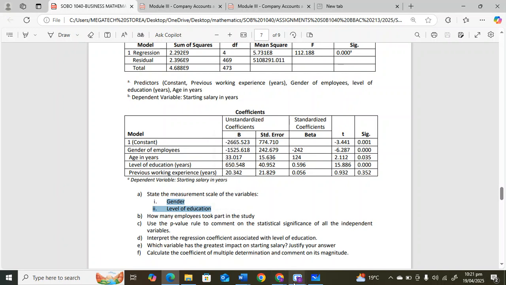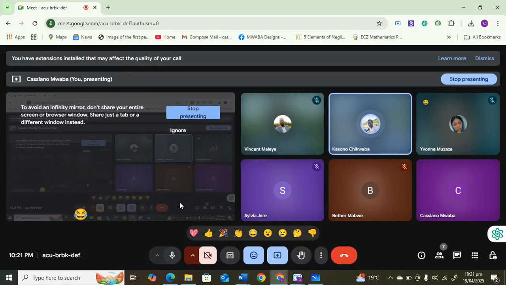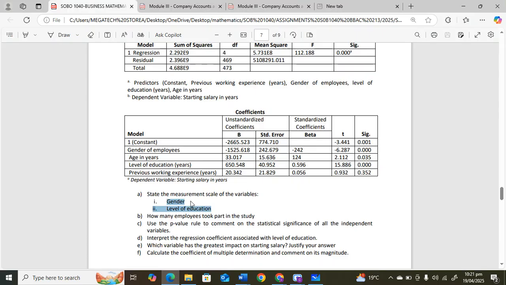Let me see. Colleagues, are we there? Remember, nominal scale is things that cannot be ranked. I'm saying it's similar to question 16, also the same question about asking about the scales. So here, gender cannot be ranked.